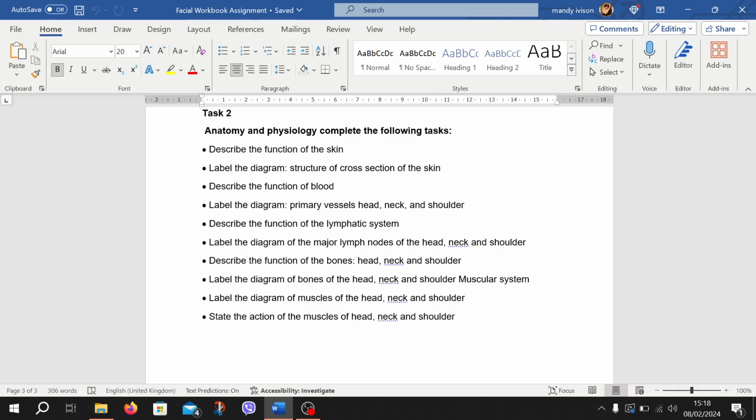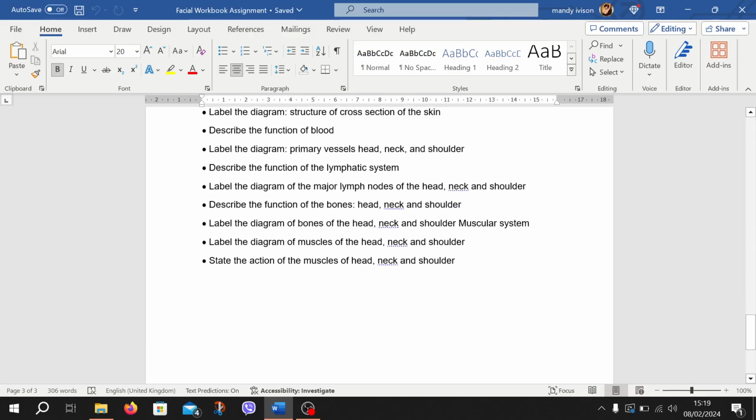This will be in the anatomy part of the stone assignment. Your next question, describe the function of the lymphatic system. That again is in your anatomy book, and same with the other ones. Okay, but make sure that you are describing and you're fully explaining your answers.